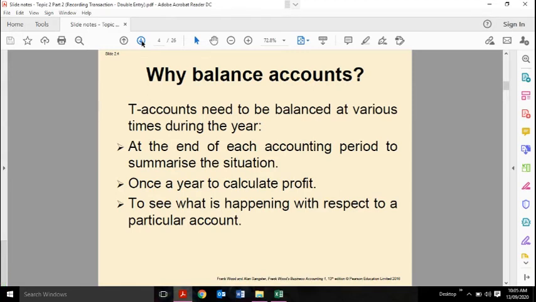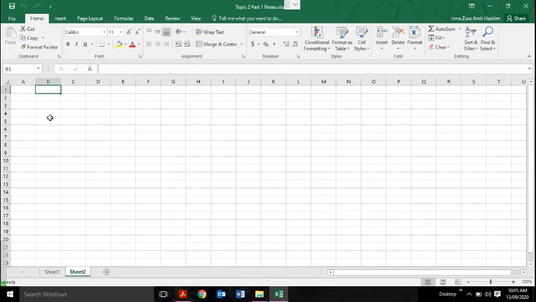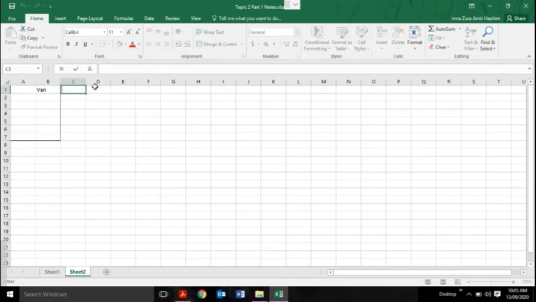Now when we have those entries, you have to imagine, for example, like this. Hold on, let me prepare this. Let's say this is the van account. Here is the 1st January, for example, just to have the date, and then here cash.